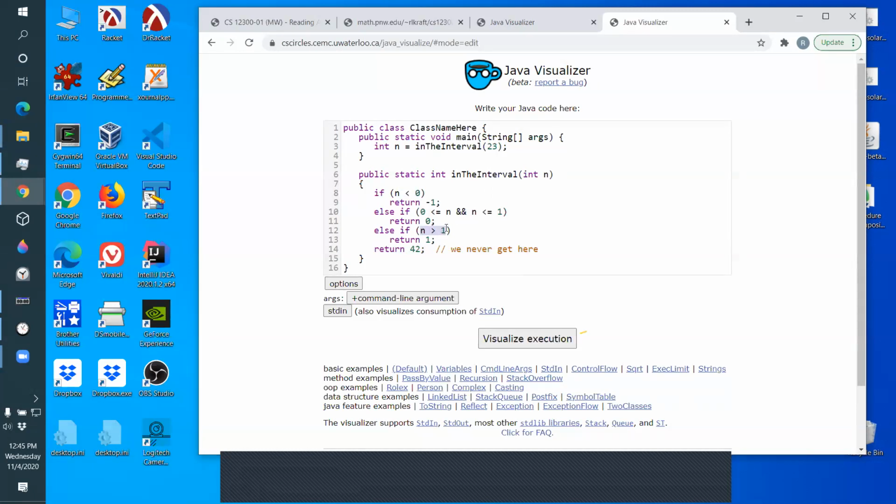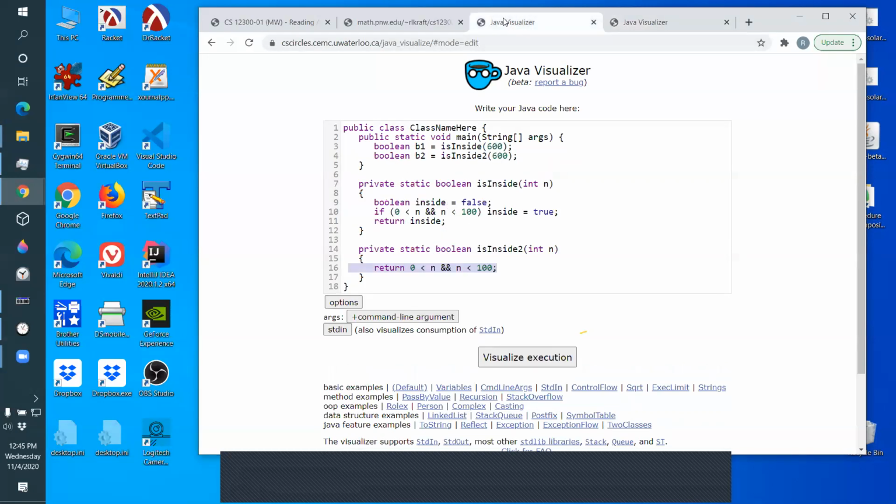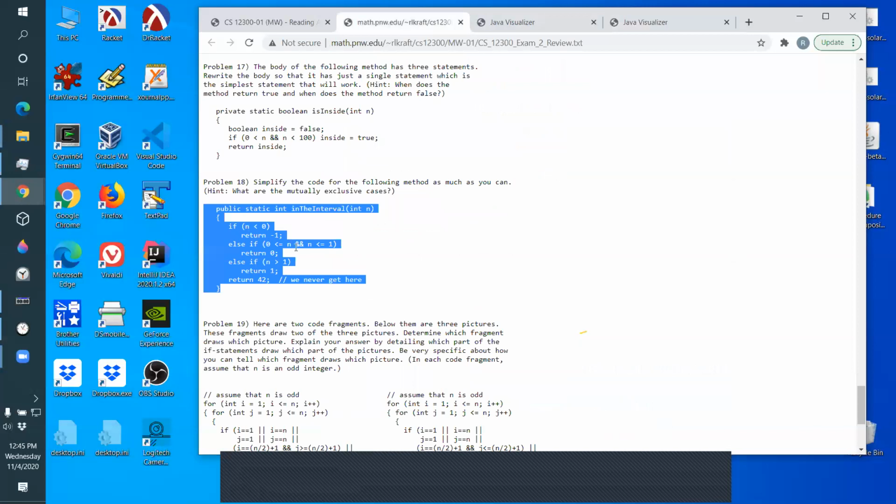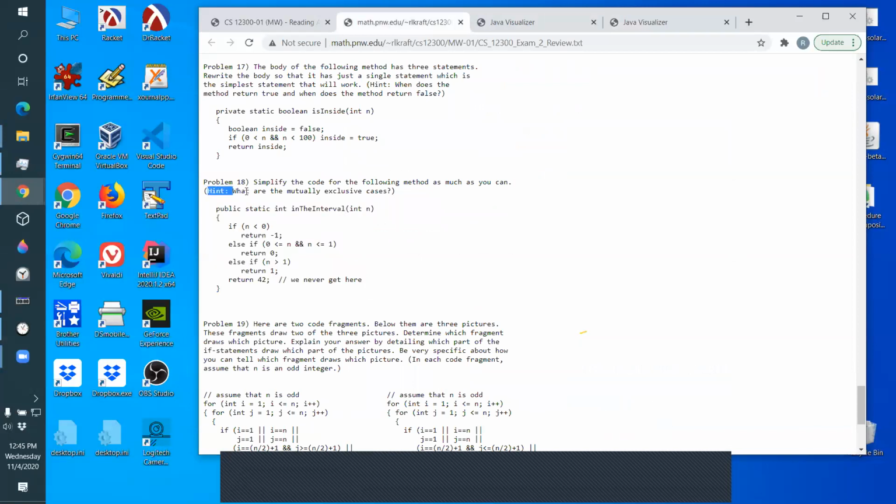Okay, so notice that the problem had a hint. What are the mutually exclusive cases? There's 3 answers: -1, 0, and 1. And this answer you never get to because every integer is either less than 0, 0, 1, or strictly greater than 1.